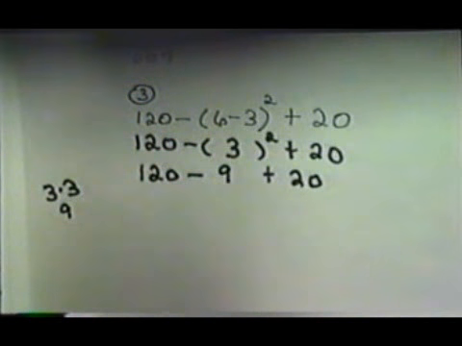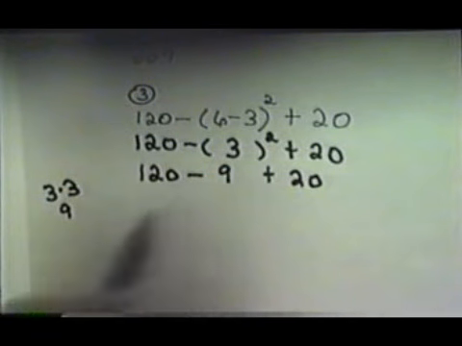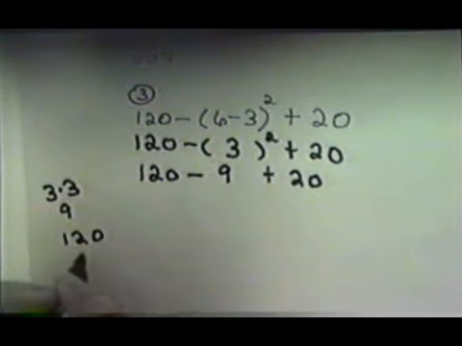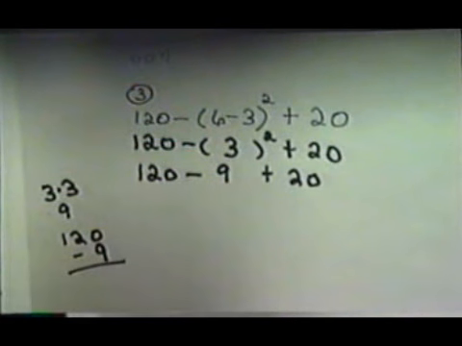So I've gotten rid of my parentheses, gotten rid of my exponent. Now I'm down to Rule 3, which says to multiply and divide from left to right. Well, I don't have any multiplication or division. So I have to skip over that rule and go to Rule 4. Well, Rule 4 says to add and subtract from left to right. So if I go from left to right, I have to do the 120 minus 9 first. And let's not do that in our head. Let's work that out.